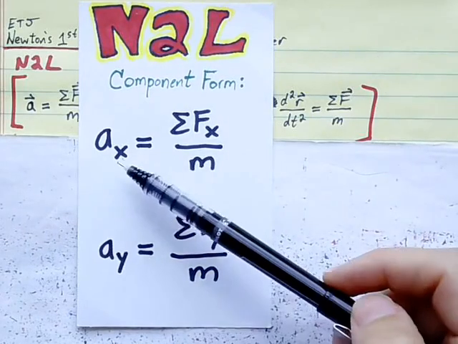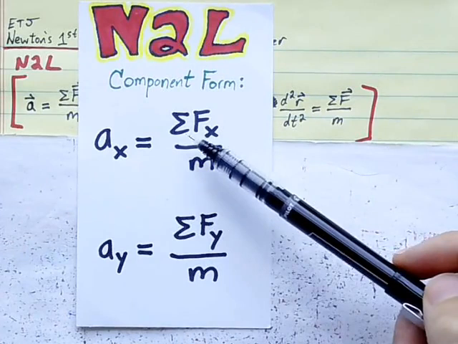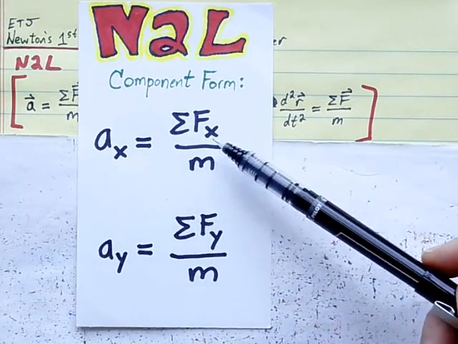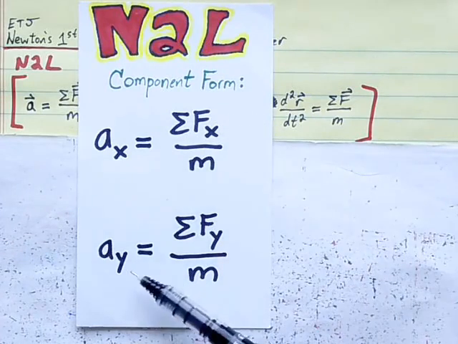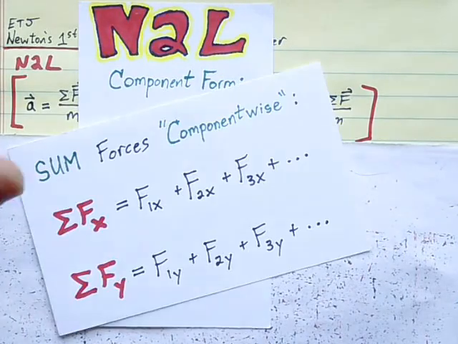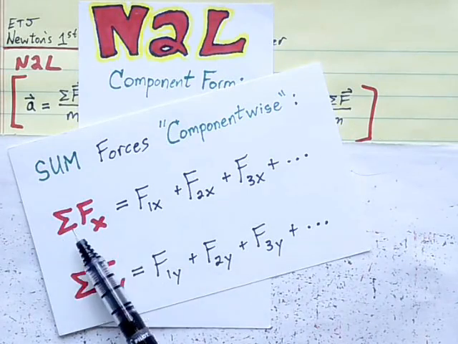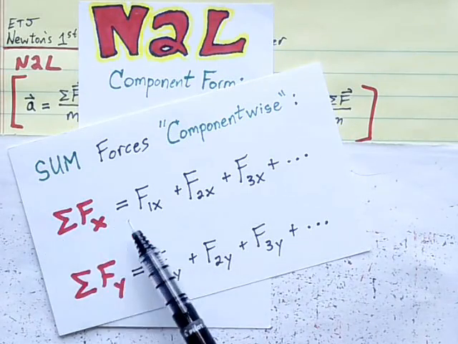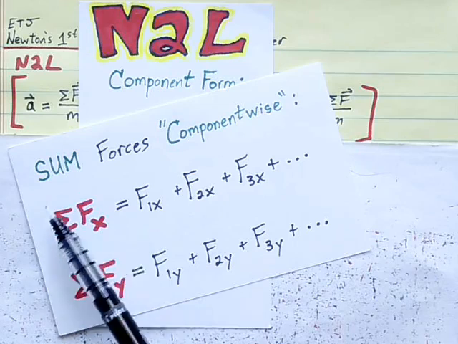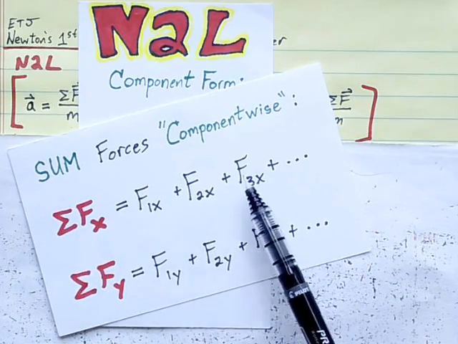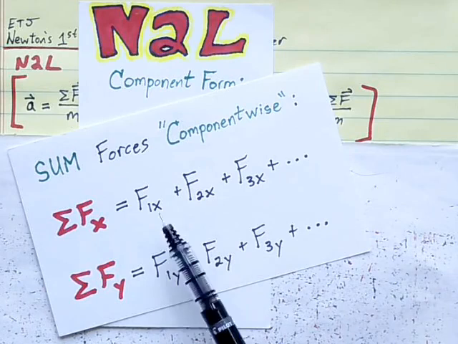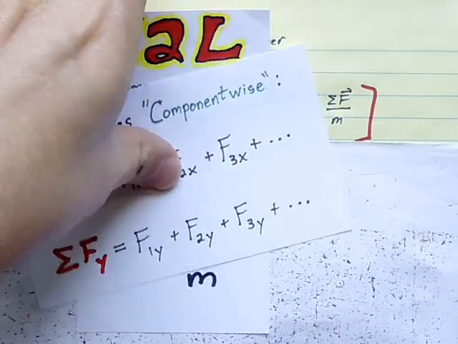The x component of the acceleration comes from the sum of the x components of all the forces, and likewise the y acceleration here. And so if we're summing forces, we do it component-wise. We know how to add vectors. If we've got multiple force vectors we're adding together, we get the total x. The x component of the net force comes from adding up the x components of all the force vectors, and likewise for the y direction.